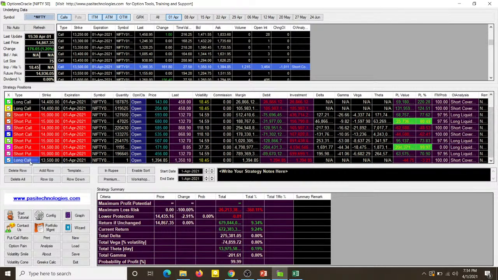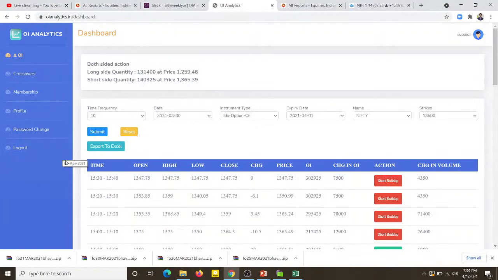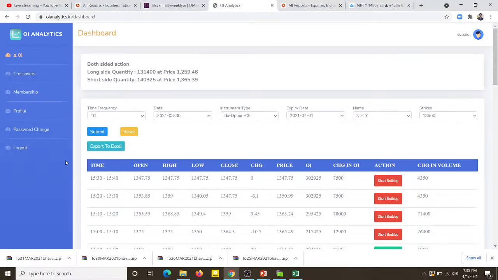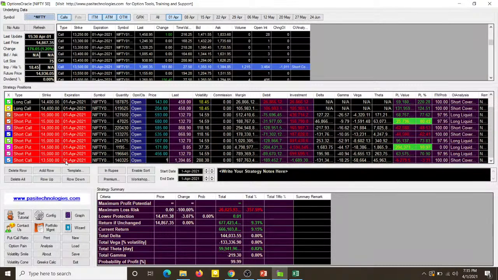Now I'll change this to short and I will add the quantity 143.25 and price to be 1365.